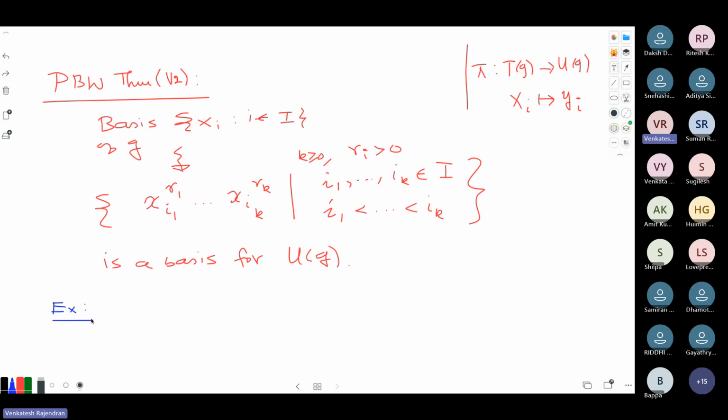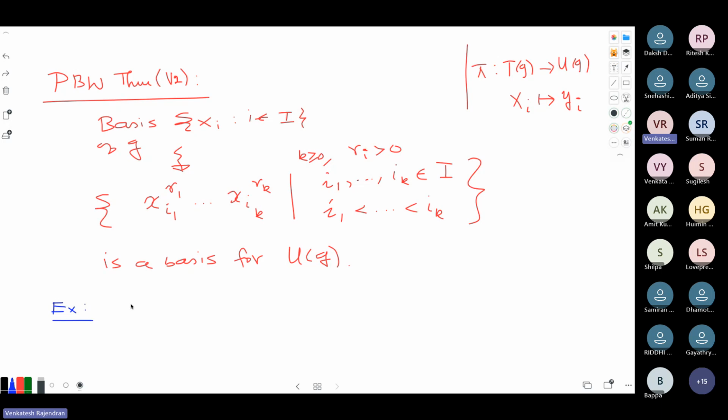If you prove that, then omega being an isomorphism, taking the images of the basis of S of G under omega will give you a basis inside graded UG. And then if you trace the map from graded UG to UG, which is a natural C-linear isomorphism, you will get this basis.